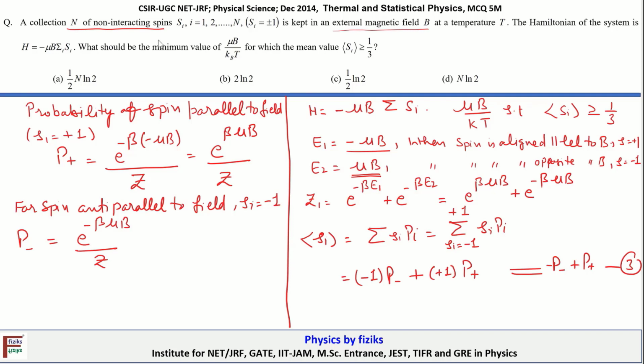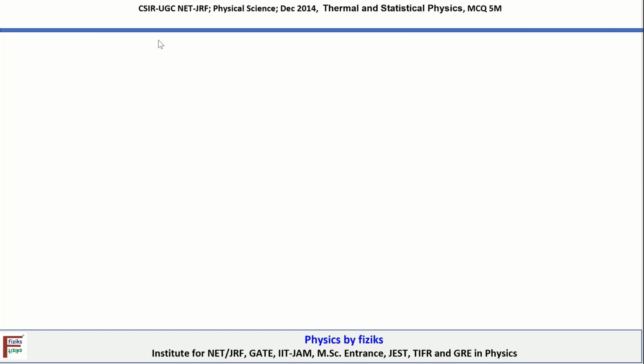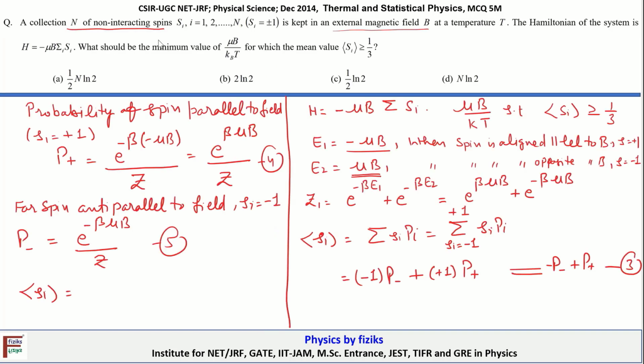Okay, so based upon expressions 4 and 5 and combining them with equation 3, the mean value of Si is equal to, let me move to the next page, so I will write it here. The expression for the mean value of Si is equal to this quantity minus P minus plus P plus.